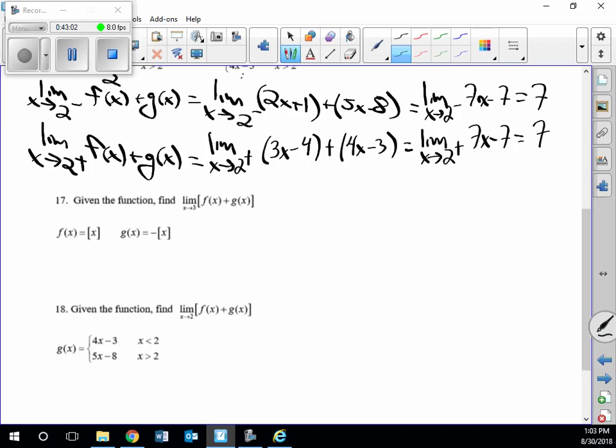This one is kind of a similar idea. These are the greatest integer functions. So the greatest integer function, if you remember, is the greatest integer that you've achieved. So the greatest integer of 2.5, the biggest integer that you've achieved, is 2. So that would be 2.